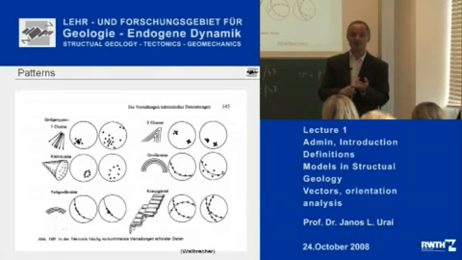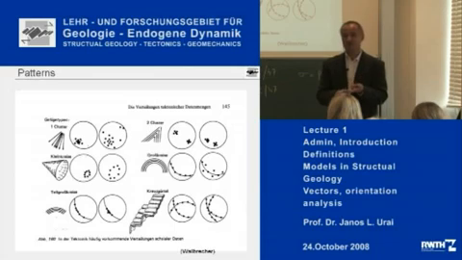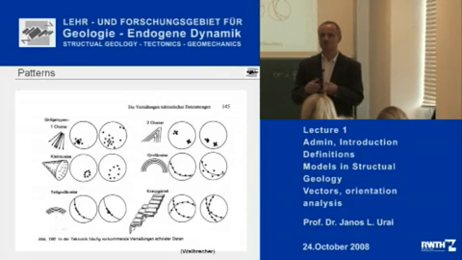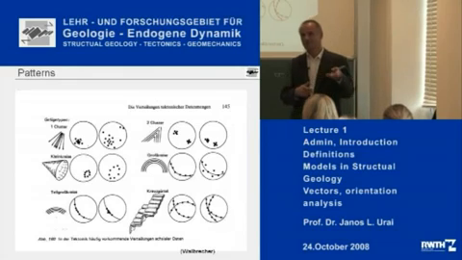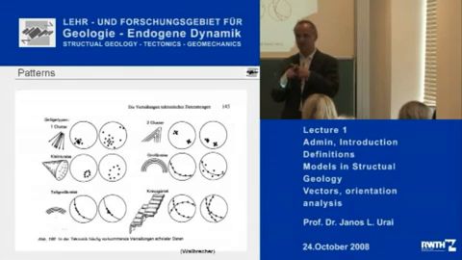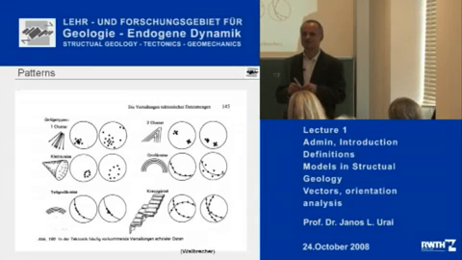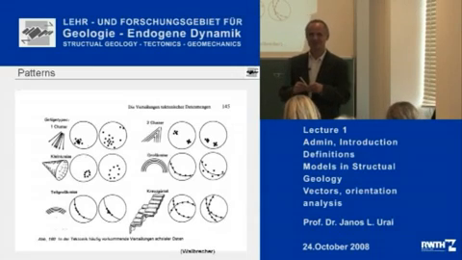And then I told you about what structural geology is, how you can get a job as a structural geologist. I told you something about models, the geometric models, the kinematic models, the dynamic models, and then we started to work with vectors, coordinate transformations, vector operations, and I showed you some examples of the stereo nets. So, next time we will start to think about strain. Bye-bye.